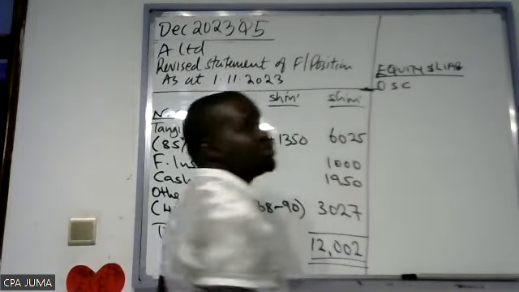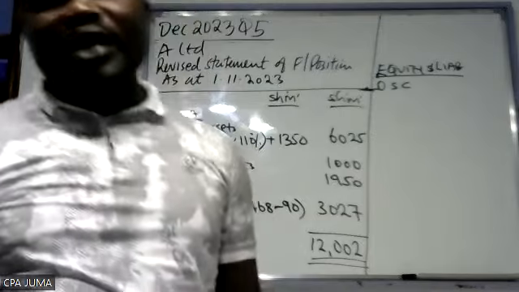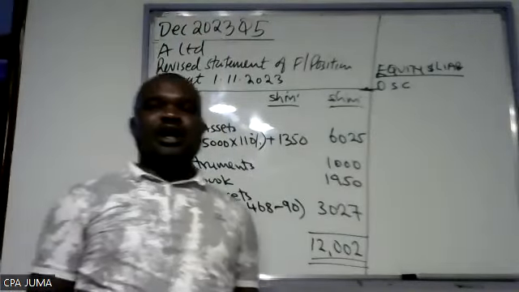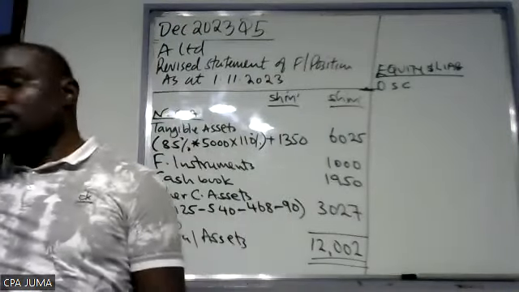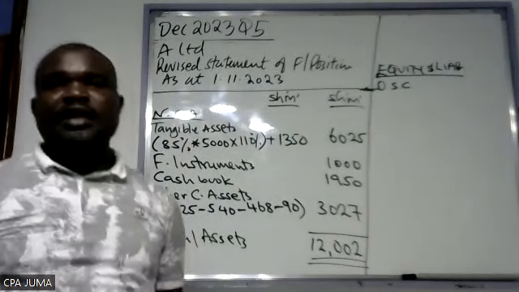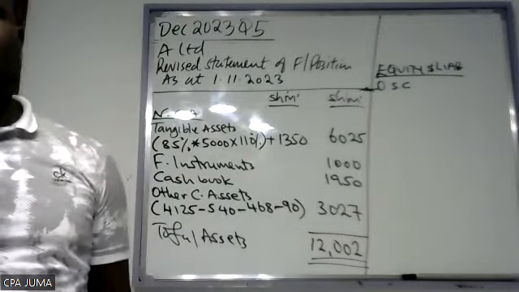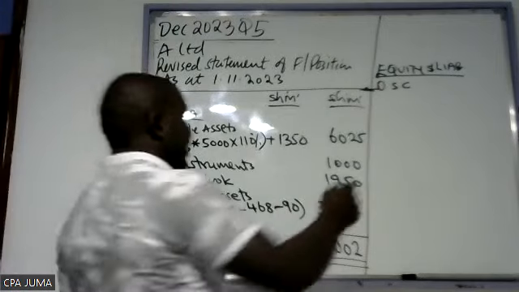Ordinary share capital. Check for me the account. What did we get? The balancing figure in the ordinary share capital account. What was the balance carried down? 93.68.